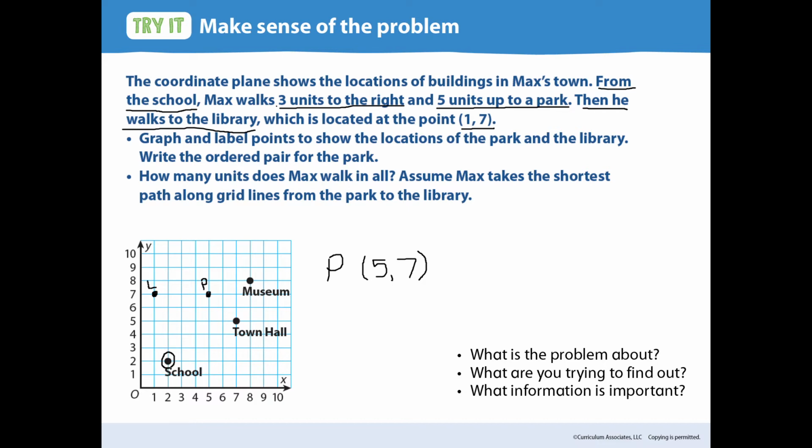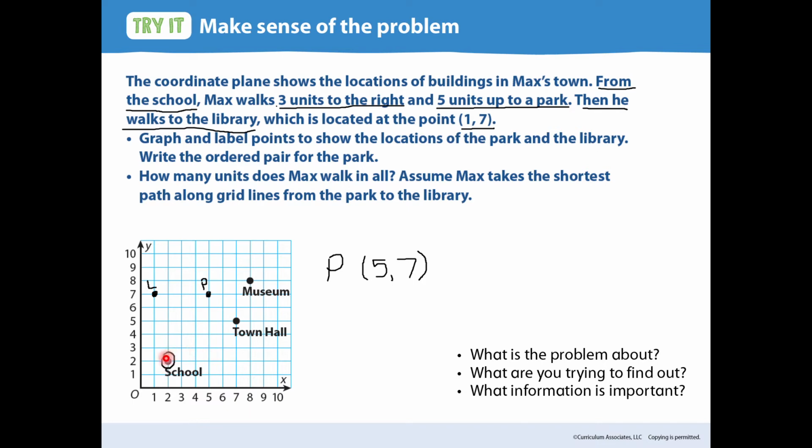So he starts at the school. Let me get my laser pointer here so you can see that better. He starts here at the school, and then he goes to the park, and then he goes to the library. And it says that he's walking along grid lines, so we have to follow these paths.